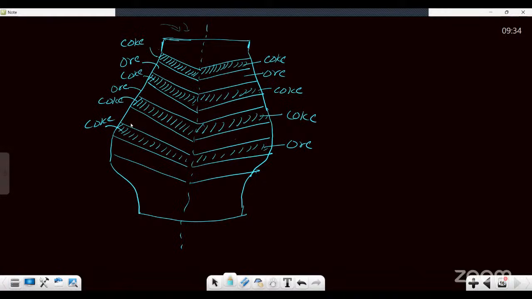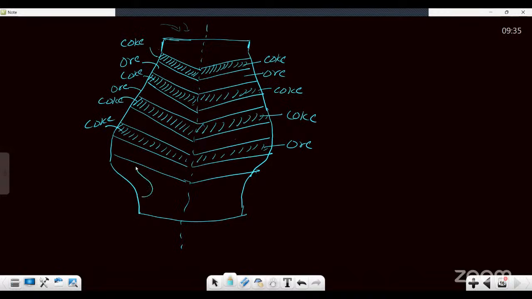Okay. Now, as most of the reactions are gas solid reduction reactions, these gases are only reducing the ore or the charged materials. But as the gases reduce the ore, the reducing power of these gases has to be high. Now suppose there is a gas which is generated here.